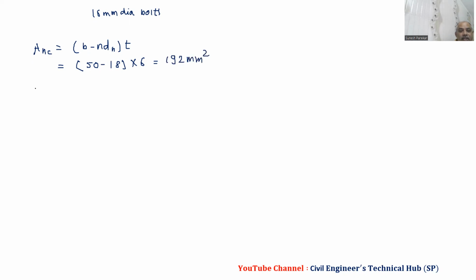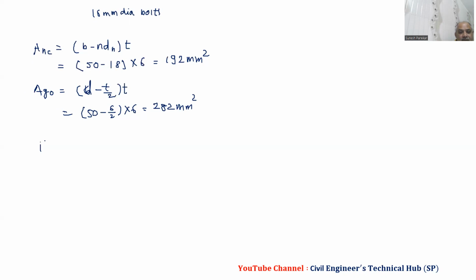Now we have AGO, we have D minus T by 2 into T. So D we have 50 minus 6 by 2 into 6, and we have this value 282 mm square.